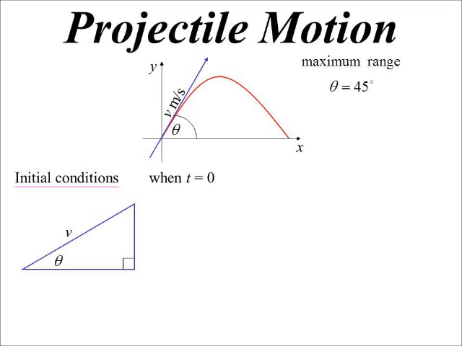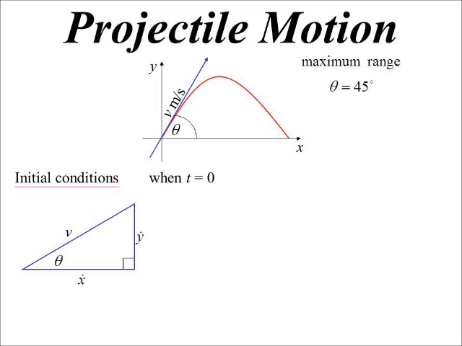I could have got to the same point by going horizontally and then up vertically. So just like we saw in complex numbers, same idea: we could add two vectors to get a third vector. All right, well, we know the angle is theta and we know the hypotenuse is v.